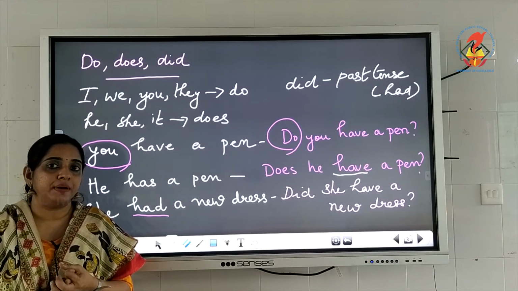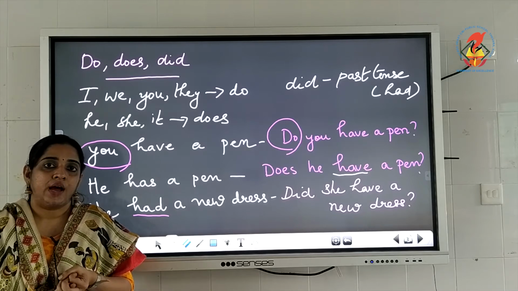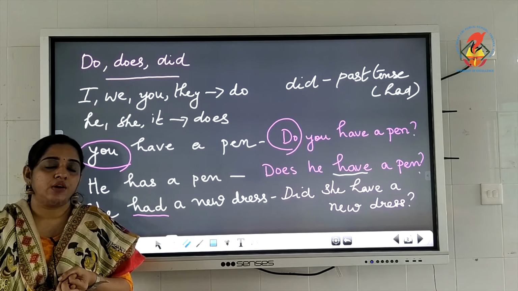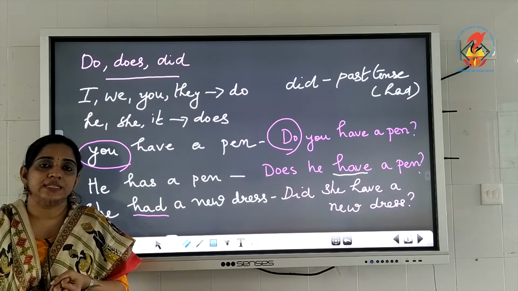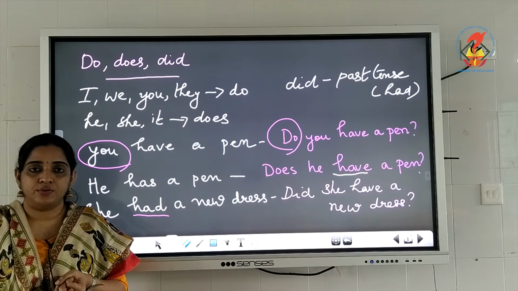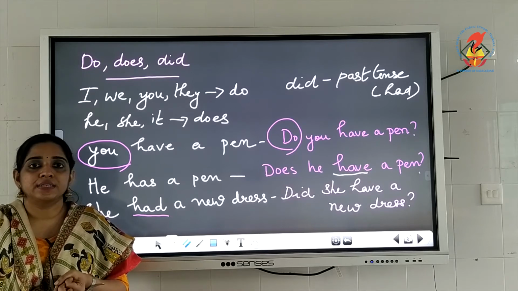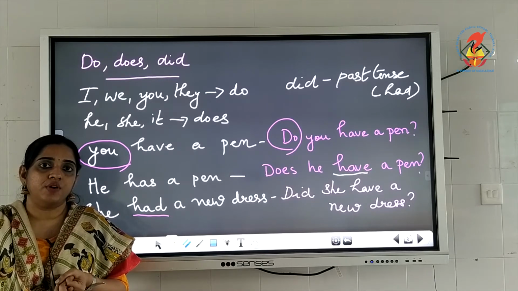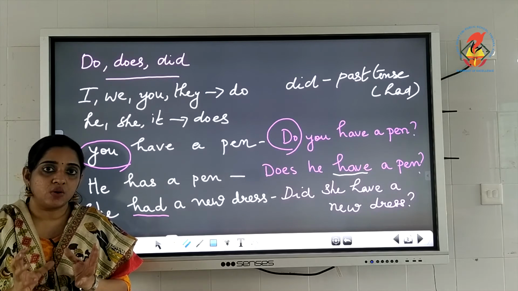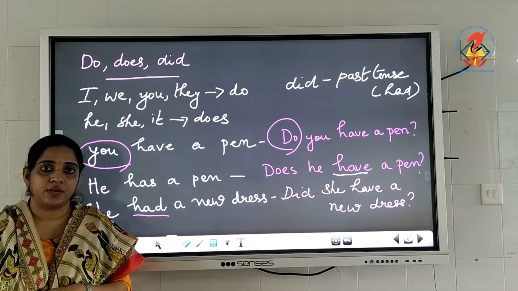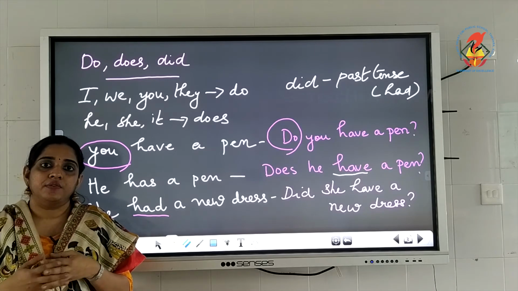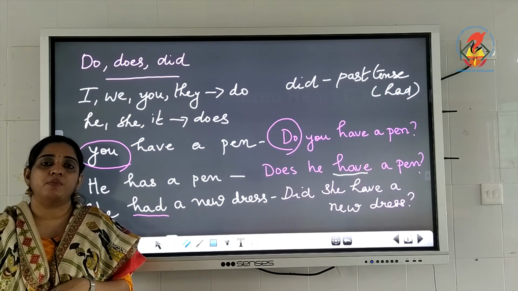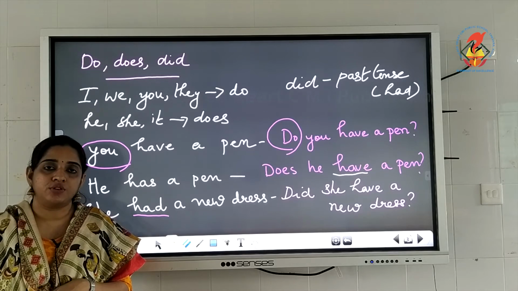I hope you remember those rules. I, we, you, they and all plurals, you have to use have. He, she, it and all singulars, you have to use has. And the past tense of this verb is had. Have is the original form of the verb. It does not have any fluctuations. So that's the original form of the verb.